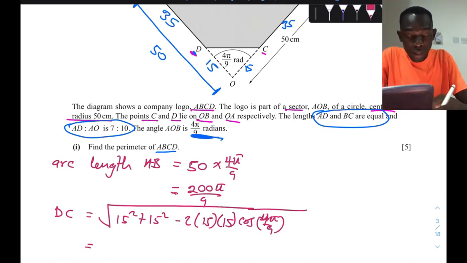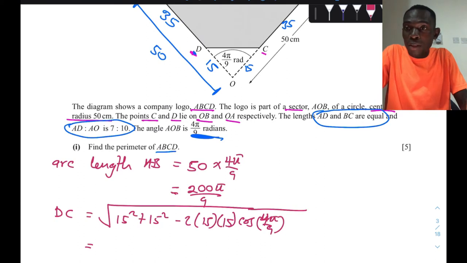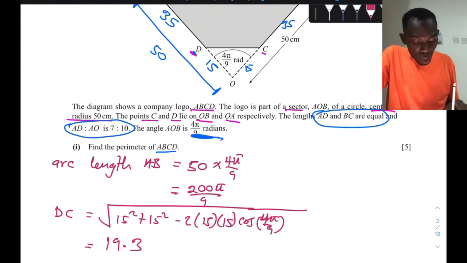I don't think any of us can get it off head, so we got to use the calculator to do that, unless you are Archimedes or any of the great mathematicians who ever lived. Okay, I don't even think they can do it off head. So you get 19.3. Okay, let me just write about 4 decimal places.